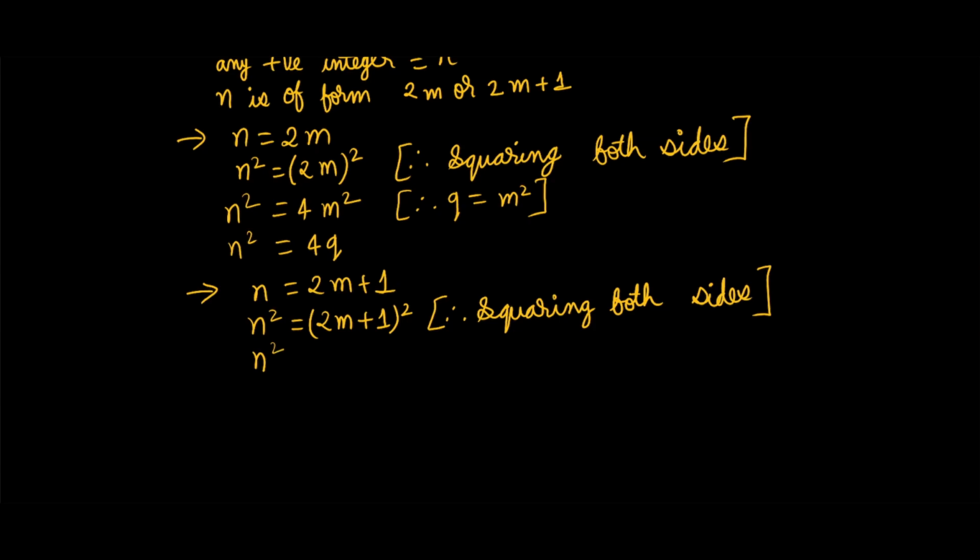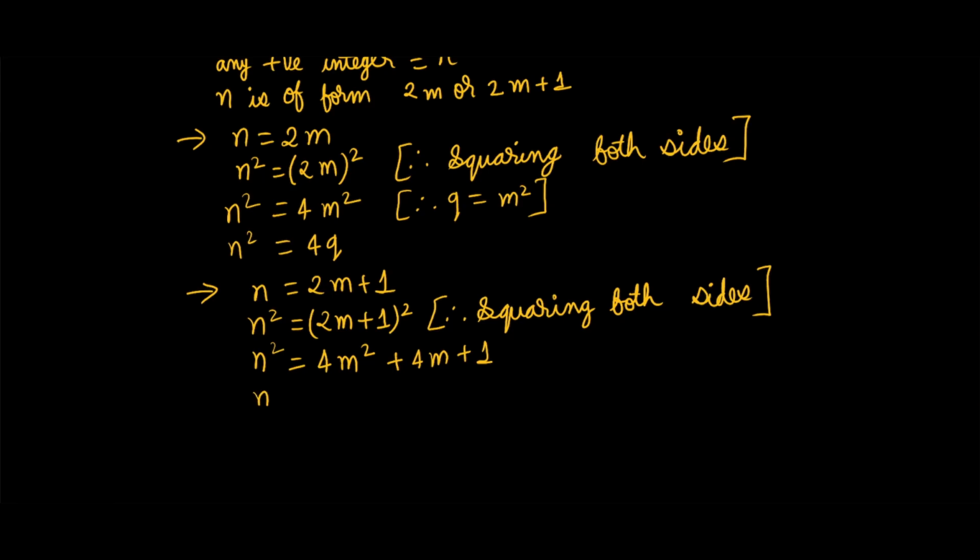So n square is equals to 2 times 2 is 4m square plus 2 into 2 is 4m plus 1 square is 1.